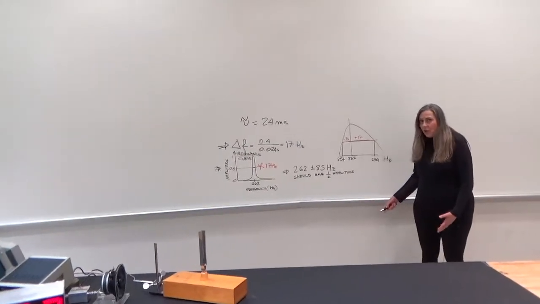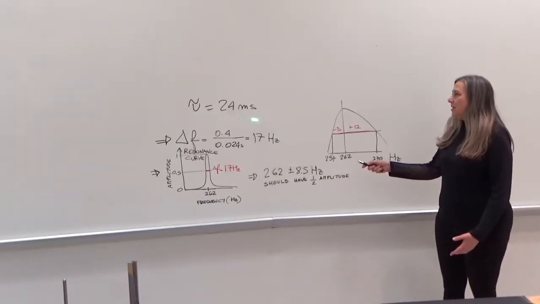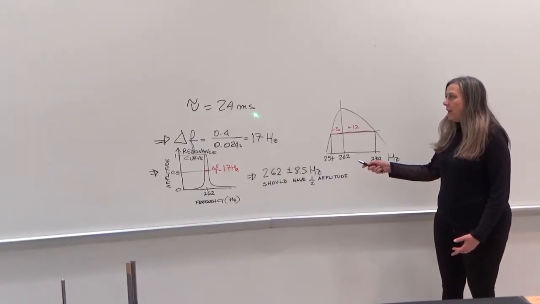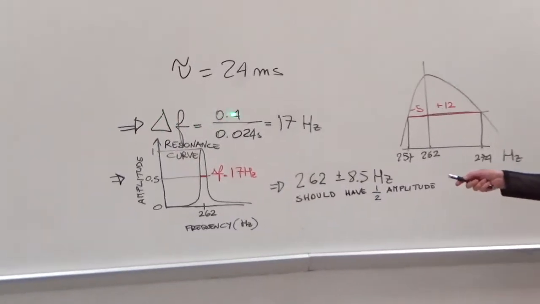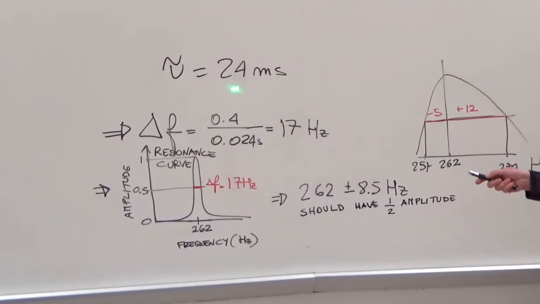Now that we know that the damping time is 24 milliseconds, we can calculate that delta F, the width of the resonance curve, is 0.4 divided by 24 milliseconds, or even better, 0.024 seconds. And that gives 17 Hertz.